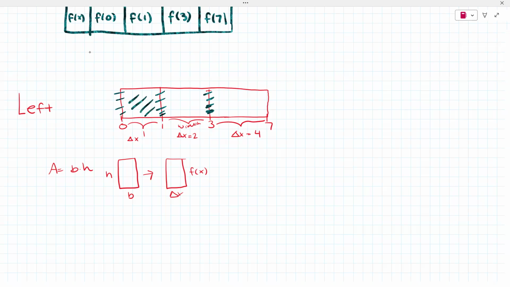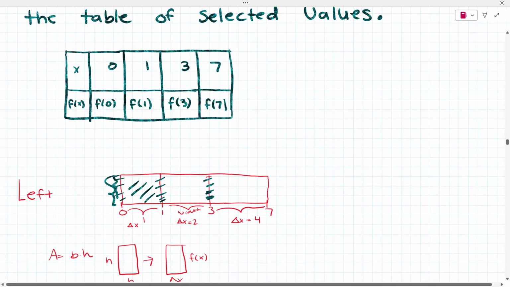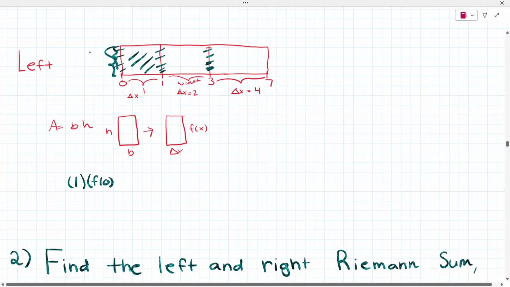Our base is 1, and then our height is f of 0, because this is your height right here. You just look at your chart. What is the y value when the x value is 0? It just says f of 0. It's not an actual value.